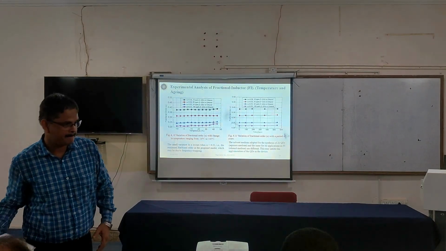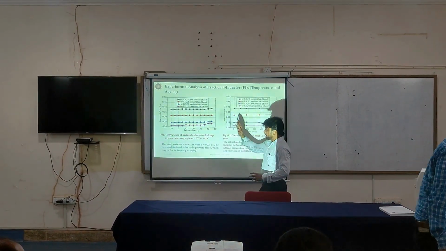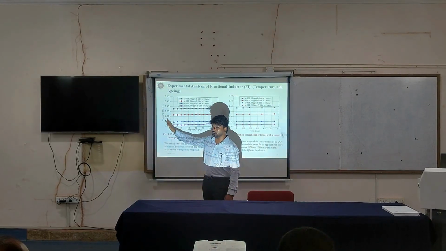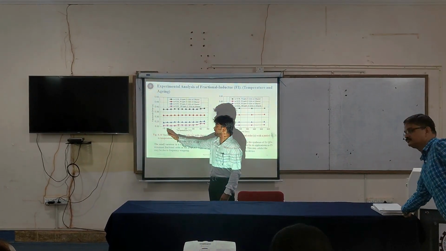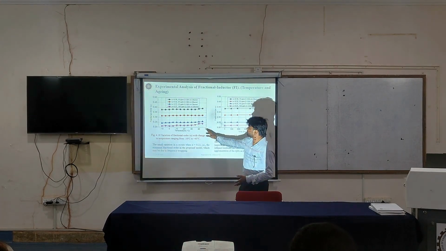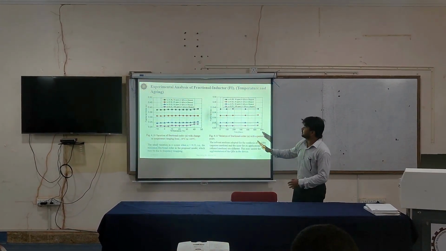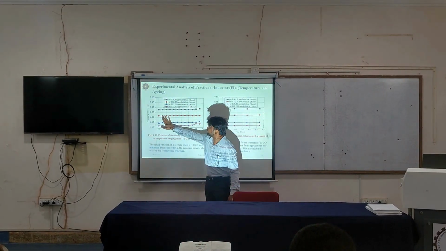Now, in order to check the robustness of this device, we have obtained the temperature change with respect to fractional order. It has been seen that from -10 degrees Celsius in refrigeration mode to +50 degrees Celsius achieved using a heater, these are the responses of the fractional inductor.